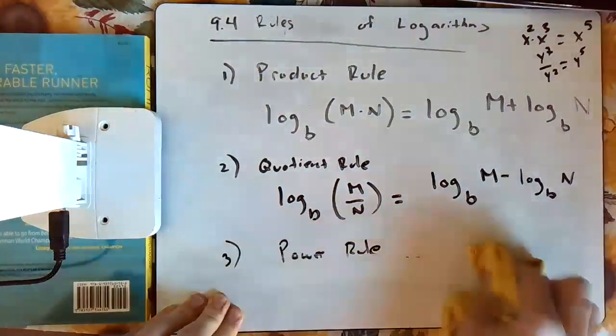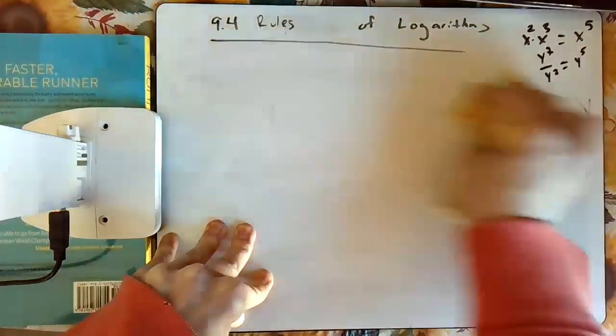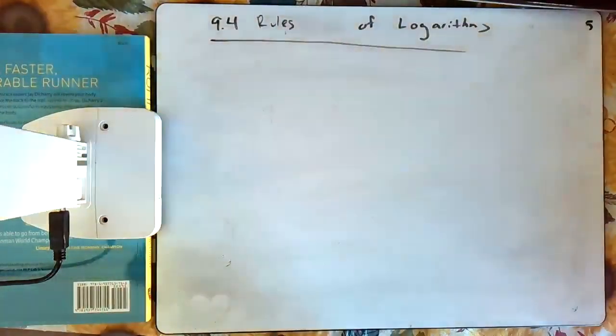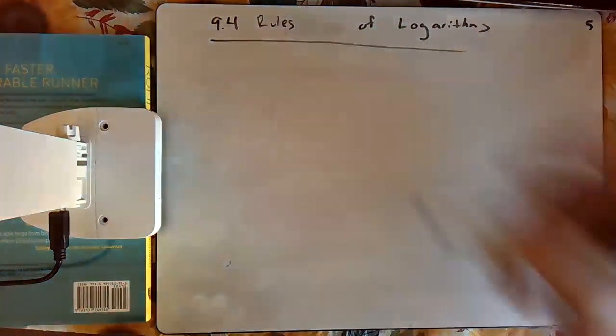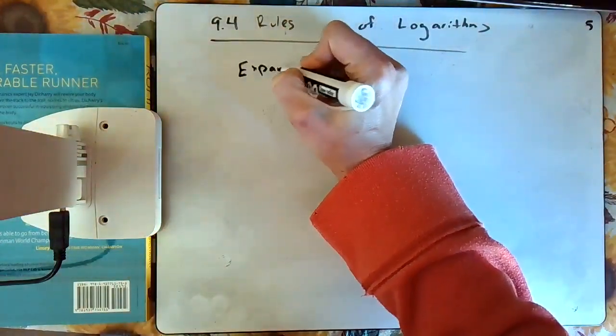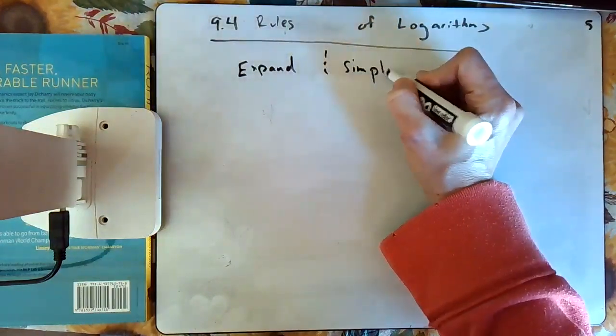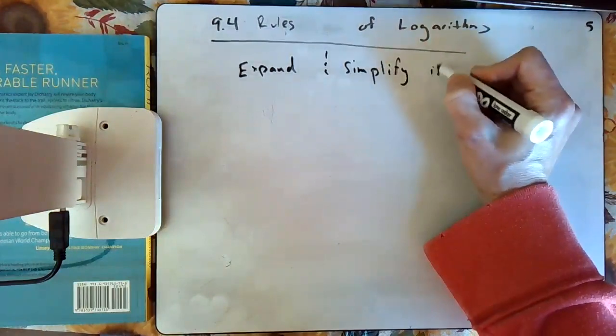But let's just practice a few of these first before we get to the more complicated ones. So now what we'd like to do is expand the logs, or expand and simplify if possible.